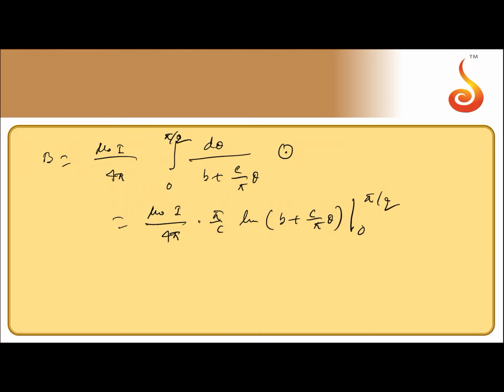So this will be mu naught I by 4c log of b plus c by 2 minus log of b. So B will be equal to mu naught I by 4c log of 1 plus c by 2b. This is the required answer.